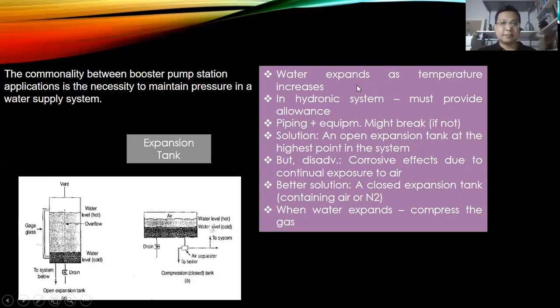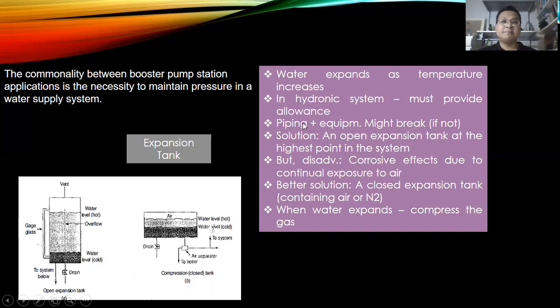Water expands as the temperature increases. Yes. So we try to maintain a condition by keeping the parameters. While water expands as the temperature rises, we should be careful about the temperature. If the water gets high temperature for our environment condition, there will be high pressure, and the tank will absorb that pressure.